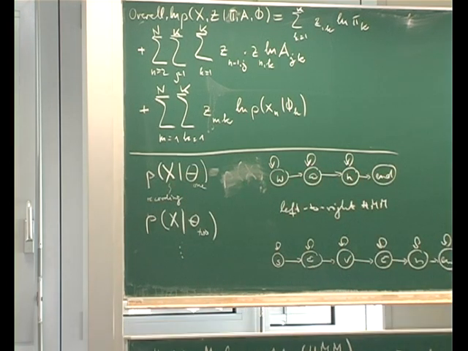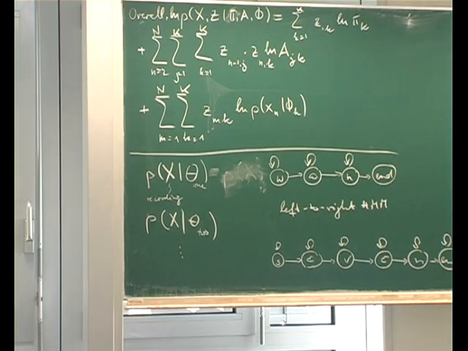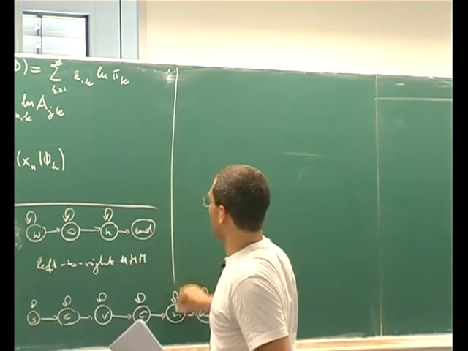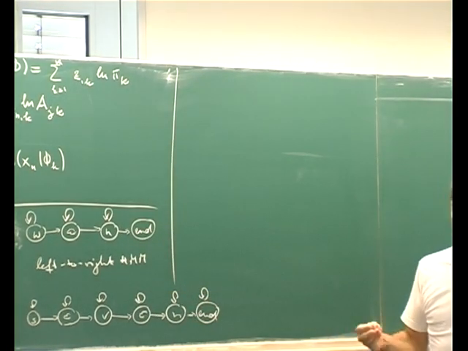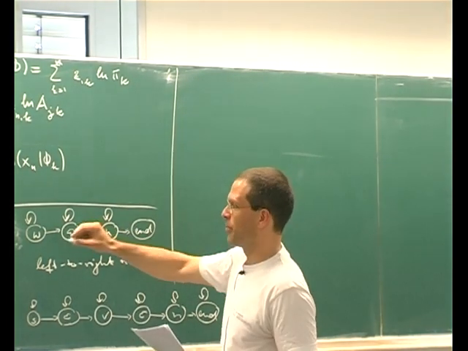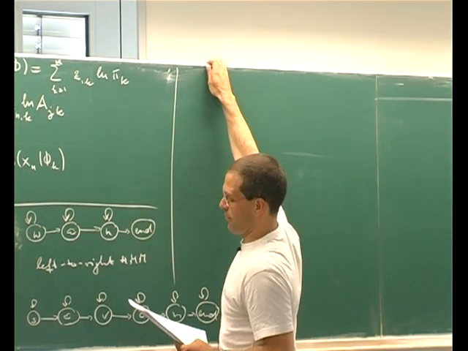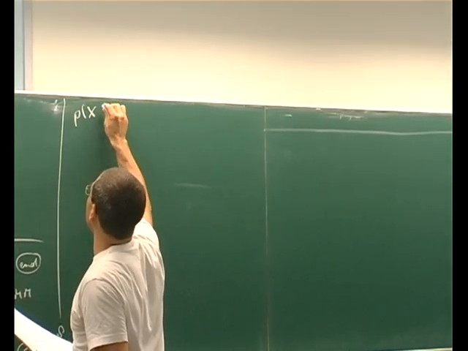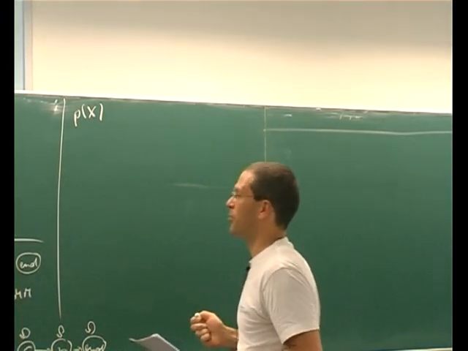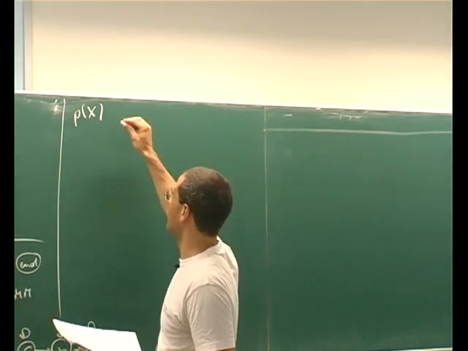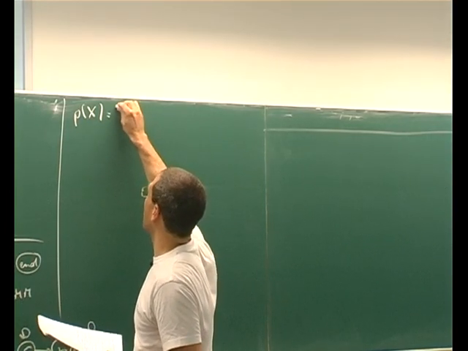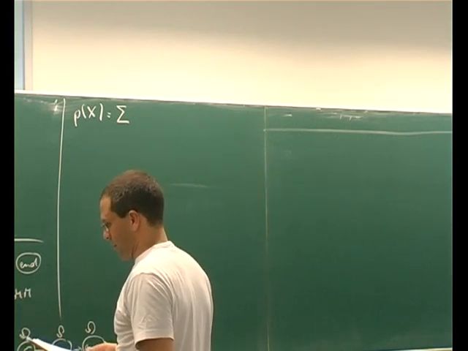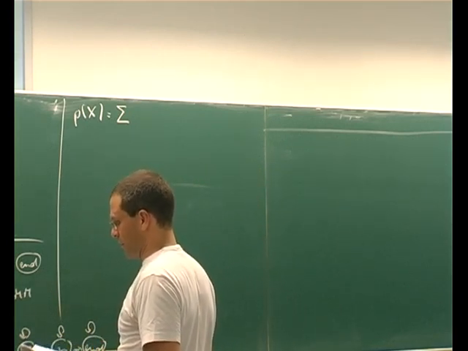Okay, now this was a long explanation of why we want to be able to compute the probability of X. And since we're just talking about one model now and not many different models, I'm going to omit this reference to the parameter vector, and I will simply write that I'm interested in the probability of the observations in the current model, which I obtain by marginalizing out the hidden states.